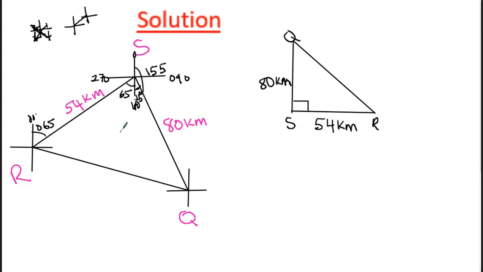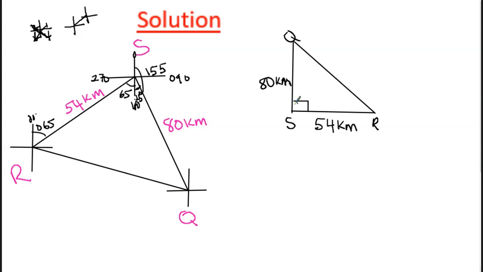So we can redraw this diagram, since RSQ is a triangle. 65 plus 25 is 90 and it's at S. So the angle at S is 90. And then RS is 54 kilometers, and then SQ is 80 kilometers. Now we have to find RQ.